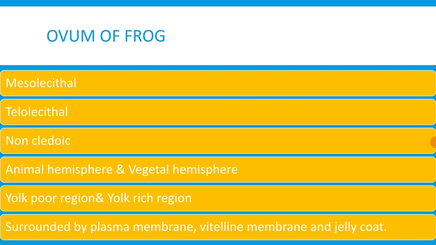Whereas there is one more pole at the opposite end of the egg, that is called animal pole, which is yolk poor, and it is non-cleidoic. Up to amphibians, you don't find cleidoic eggs, because cleidoic egg has made its appearance for the first time in reptilia. Cleidoic egg is the egg that is surrounded by the calcium carbonate shell, whereas in amphibians you find only non-cleidoic egg which is devoid of calcium carbonate shell.